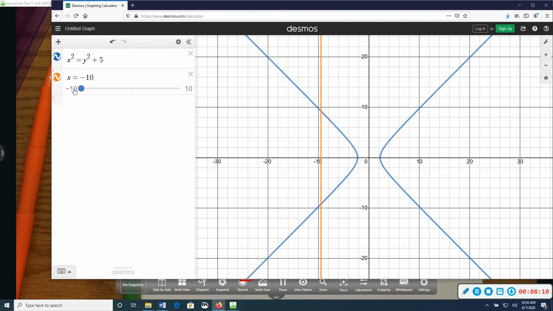But does this pass our vertical line test? And we can see right off the bat it does not pass the vertical line test, because there are places where it touches twice, like right here, and it does that through mostly the whole function, right?